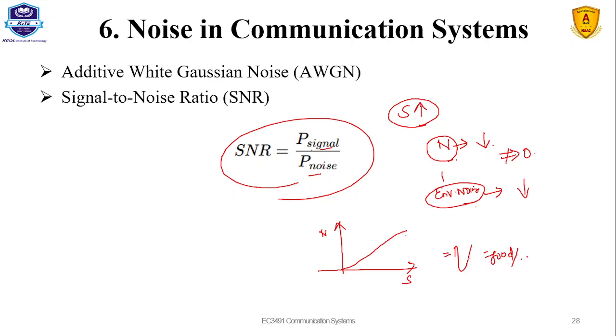That is what we can say. So noise in a communication system plays a major role in research, as it helps to say how good or bad a communication system is. This is very important and we'll be seeing about this with respect to additive white Gaussian noise. It is named after the scientist Gauss, hence additive white Gaussian noise.